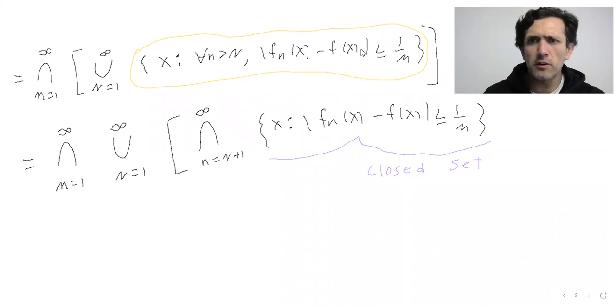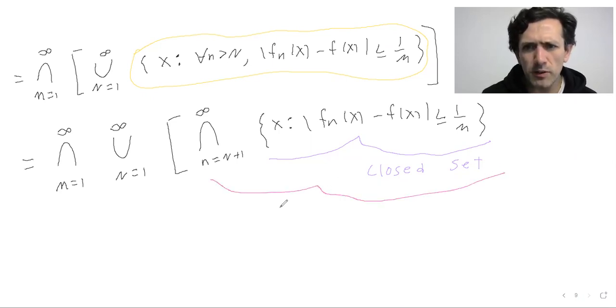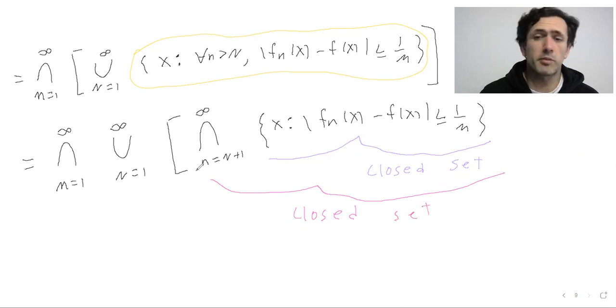And we know that the inverse image of a closed set is closed if the function is continuous. Well, that's wonderful. What does that tell us? Because what's in the purple is closed, what's in the pink, I guess, is also closed. And we know that the intersection of closed sets is closed. So in particular, the countable intersection of closed sets is closed.